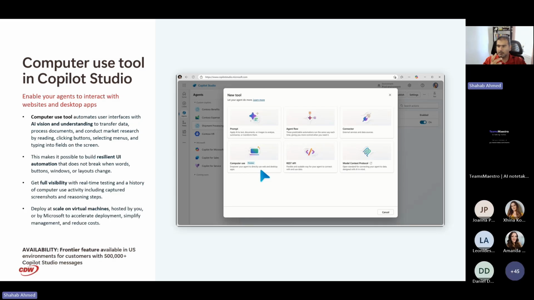If you're looking at market research, your marketing team can automate the collection of market data from different online sources. You can do it manually once and then follow that through, right? From the extent of what you can do with agents, I think this is going to be a bit of a game changer, right?